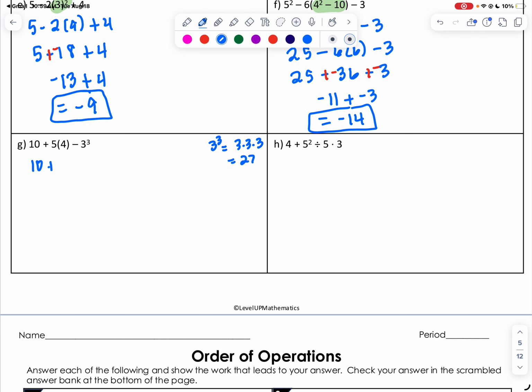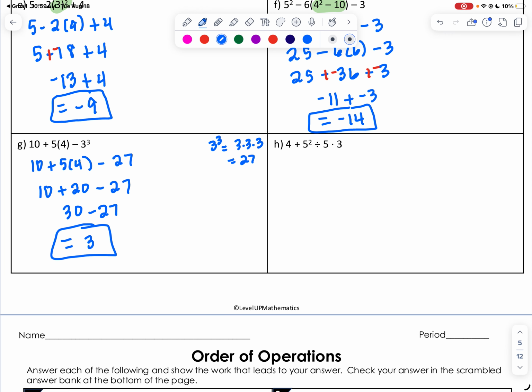So 10 plus 5 times 4 minus 27. Now we'll multiply to get 10 plus 20 minus 27. Then we'll add and subtract from left to right. So 10 plus 20 is 30 minus 27, and that would give you 3.